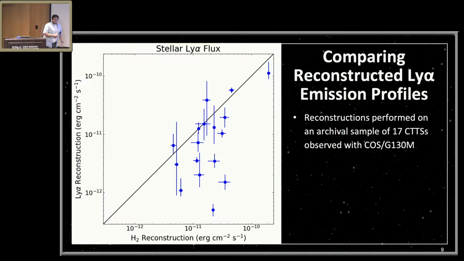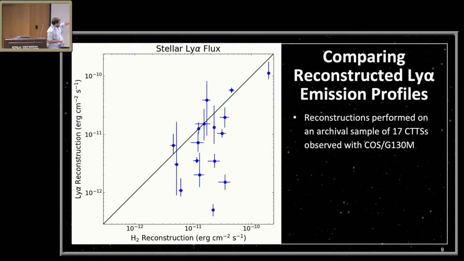So we did this for a sample of 17 T-Tauri stars that were available in the MAST data archives, observed with COS G130M, as well as having reported literature fluxes for these molecular reconstructions. And that's what's plotted on the left here. On the x-axis is the integrated flux of the intrinsic Lyman alpha profiles, or in other words, the profile as seen close to the surface of the star, for these molecular fluorescence-based reconstructions, and on the y-axis are the results from our direct reconstruction models.